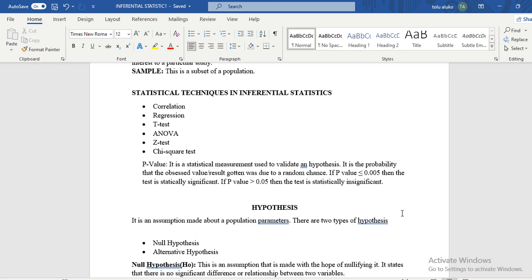If the p-value, that is the point value, is less than 0.05, then the test is statistically significant. But if the point value is greater than 0.05, then the test is statistically insignificant. We will get there. When we get there using Excel, you will understand what this p-value really means.